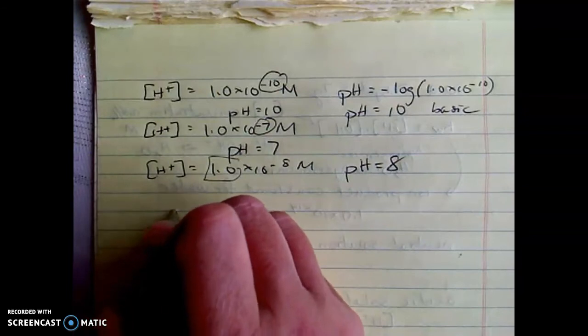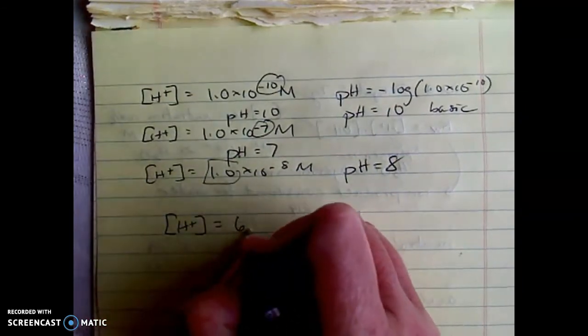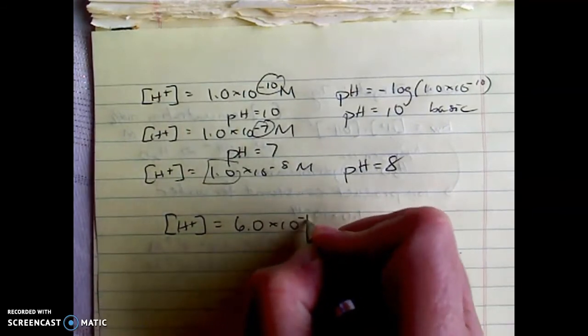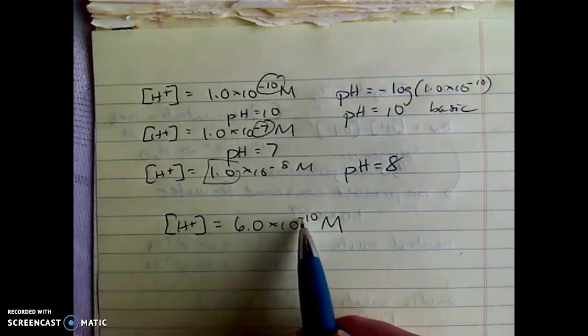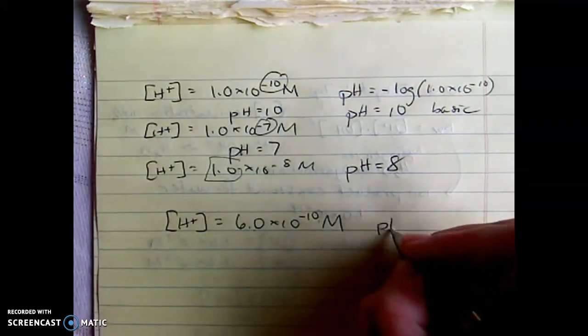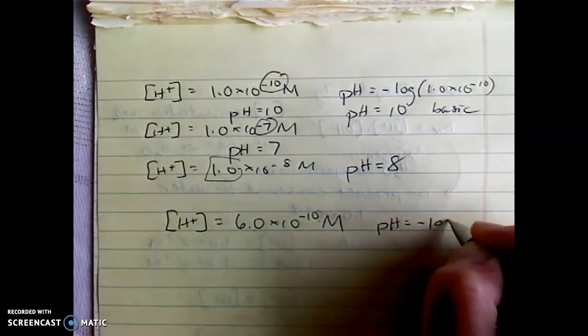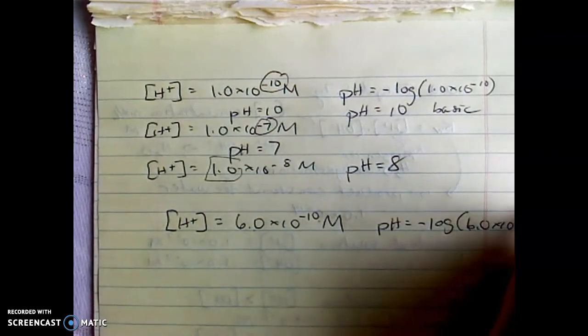Let's try the other problem that we just had. We had H plus is equal to 6.0 times 10 to the negative 10 molar. This will not give me a pH of 10 because this is not a 1. It is a 6. So I have to put it into my equation. 6.0 times 10 to the negative 10.